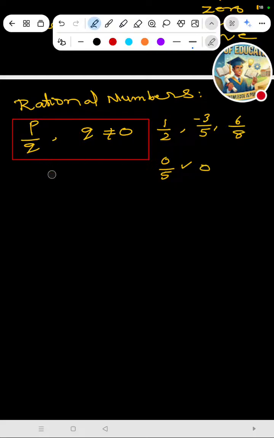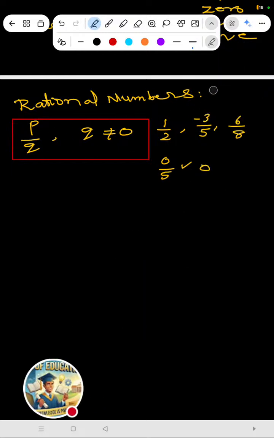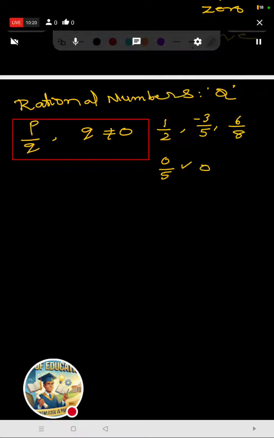Rational numbers are denoted with the capital letter Q.